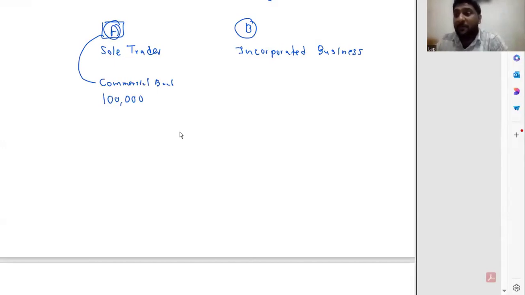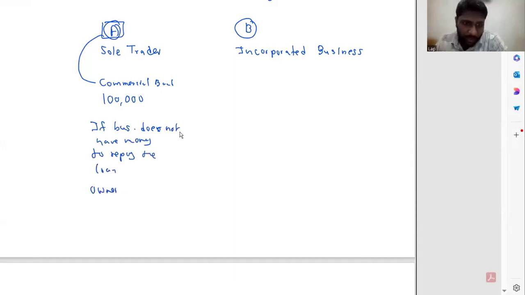If the business does not have money to repay the loan, the owner should pay from his own personal money.